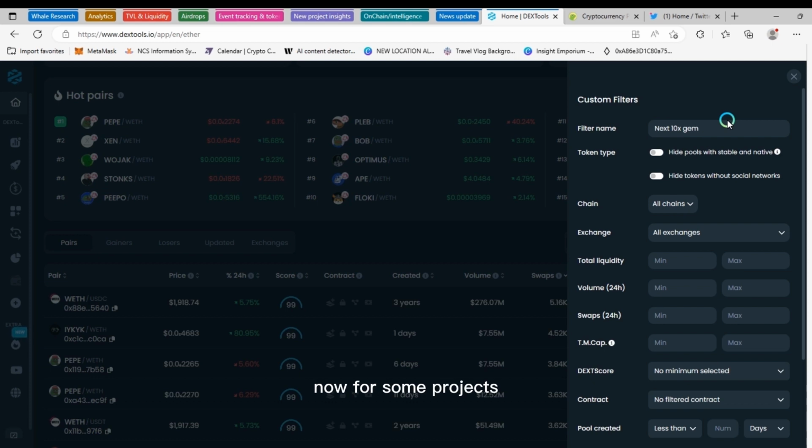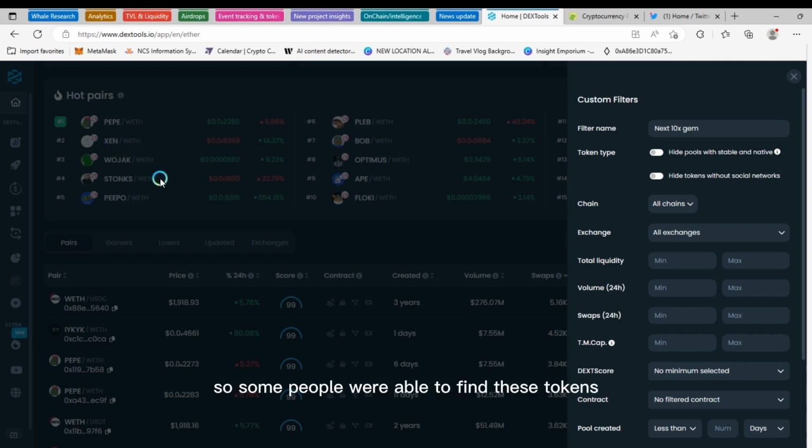Now, for some projects, you would not get to know it as soon as you buy into it. All right. But with some indicators, it can give you higher potentials or higher convictions that this project will likely do well. For instance, Wojak actually did well. All right. I'm sure by now it would have actually tanked to some extent. Stonk also did well. Okay. So Zen also did well.